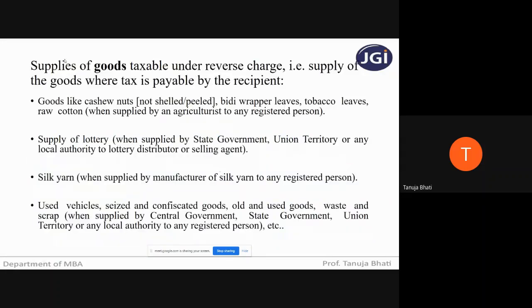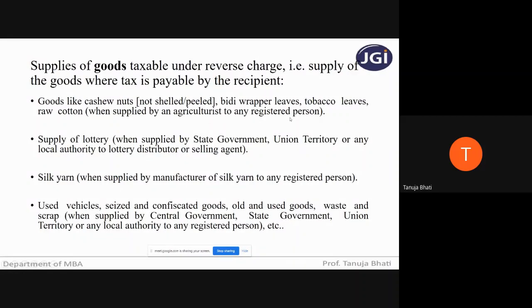So first, let us see supplies of goods taxable under RCM, reverse charge, supply of goods where tax is payable by the recipient. So goods like cashew nuts, not shelled or peeled, BD wrapper leaves, tobacco leaves, raw cotton when supplied by an agriculturist to a registered person.